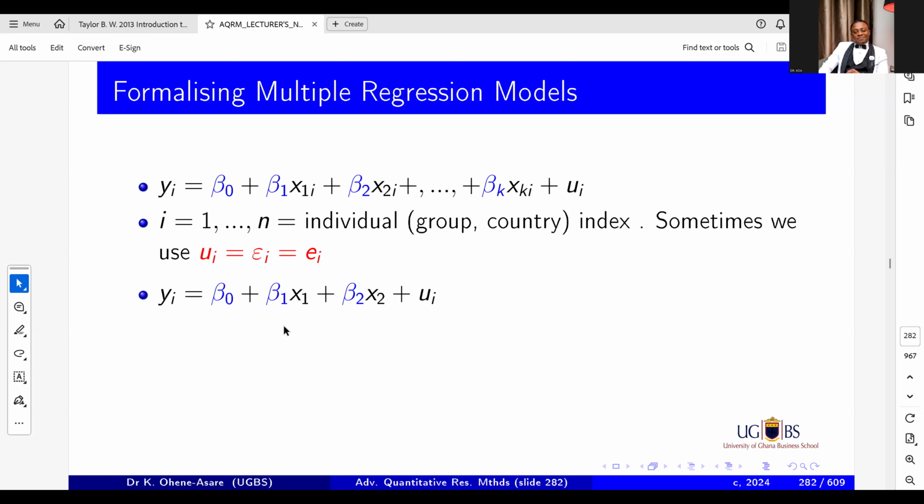Today, we want to begin formalizing multiple regression models. We've looked at sample regression. We've gone through the derivations. We've examined the intricacies in Excel and in R. We have understood some of the assumptions of regression.